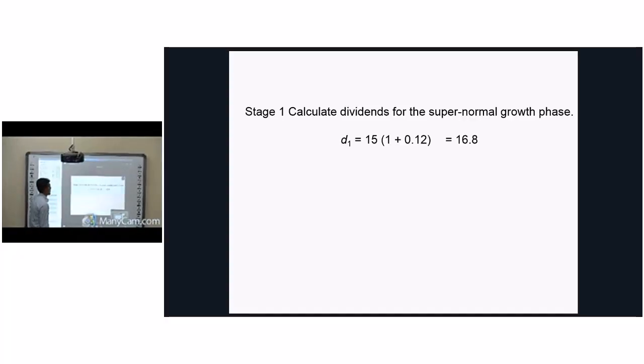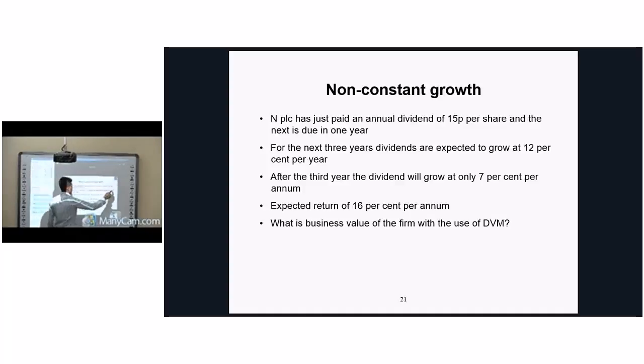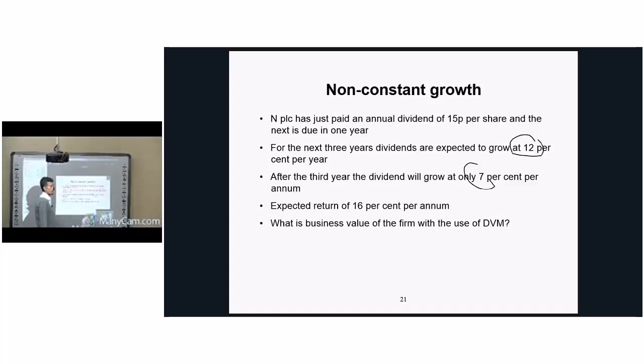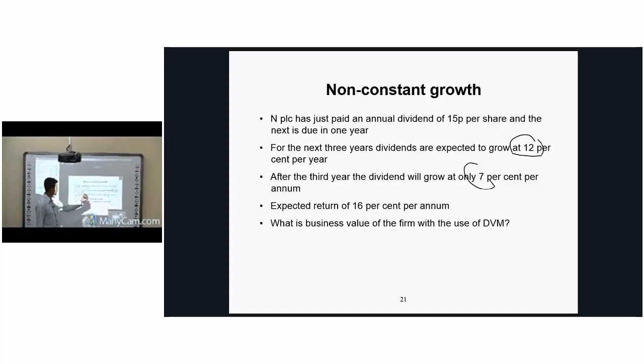First, we need to calculate the dividends, or in other words the future cash flows, with the first growth rate. We have two growth rates, one at 12%, then 7%. So we believe in the first 3 years the firm grows at a very high rate.